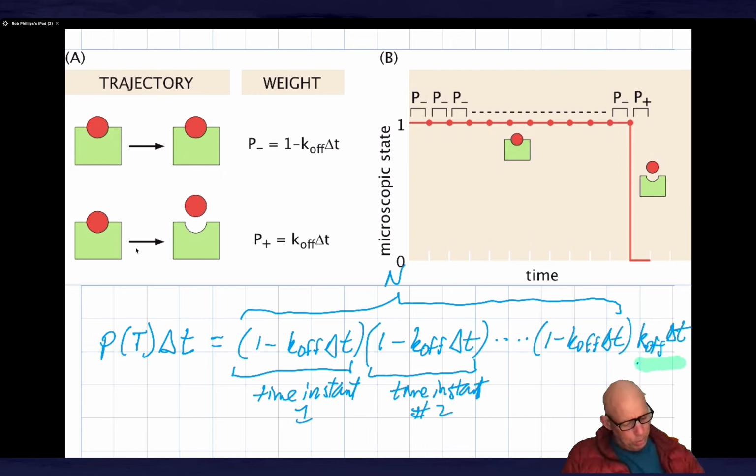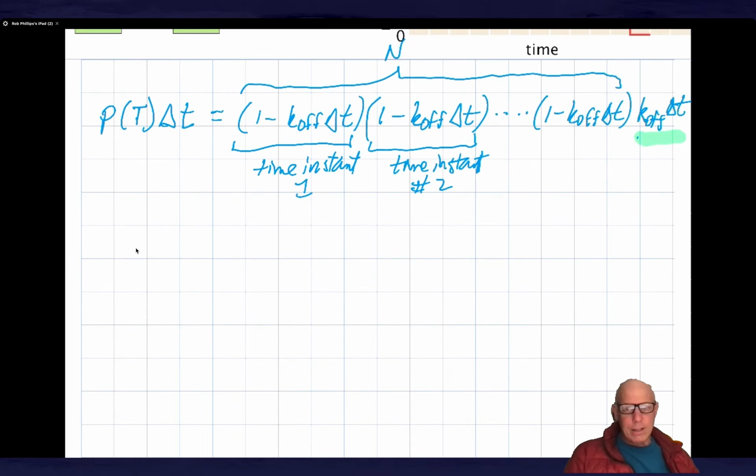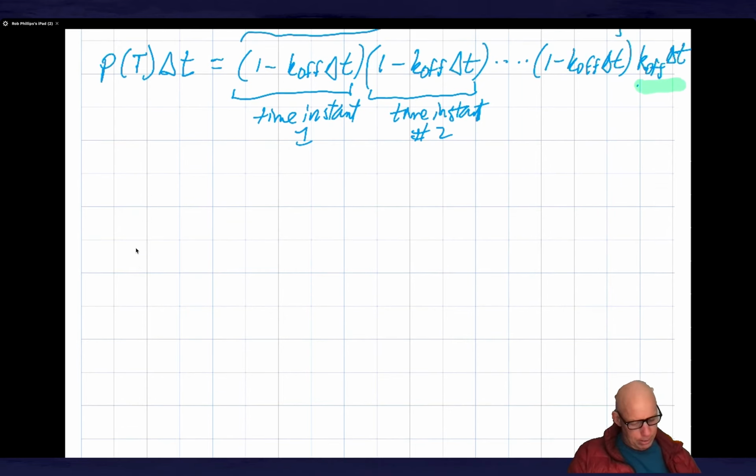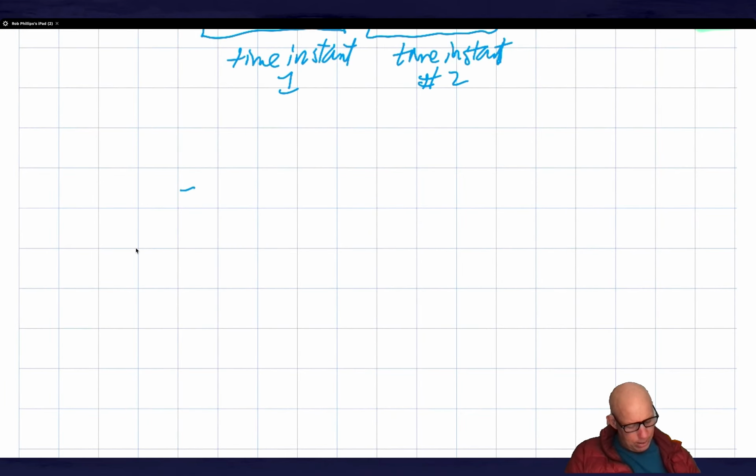So the total probability of surviving until the instant between capital T and T plus delta t is we string together n failures, if you'll let me call it that, and then on that final instant we have a success. So I can rewrite this as 1 minus k off times delta t to the capital N power, and then k off delta t.